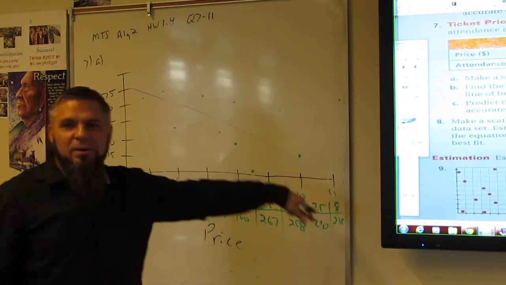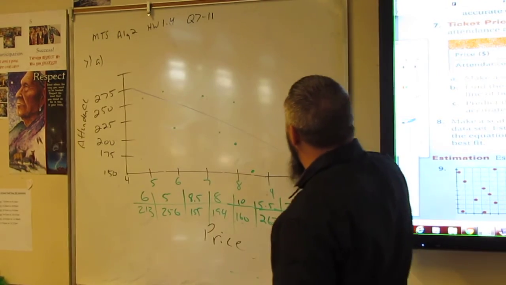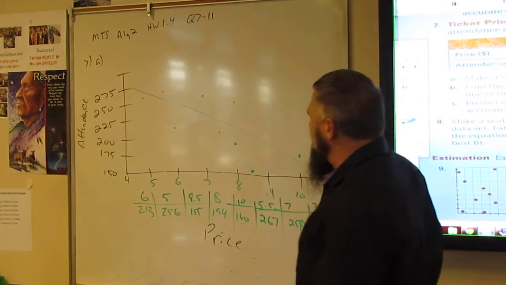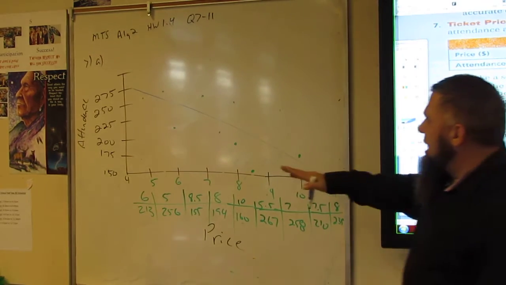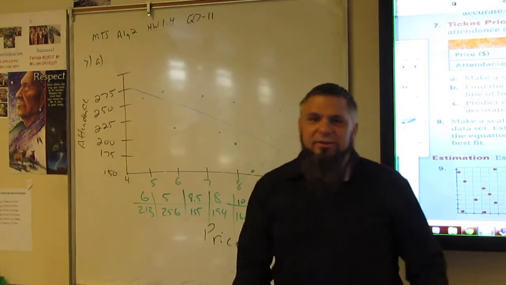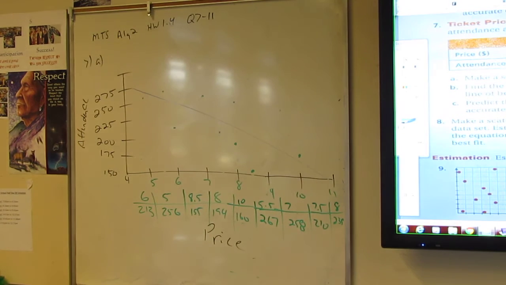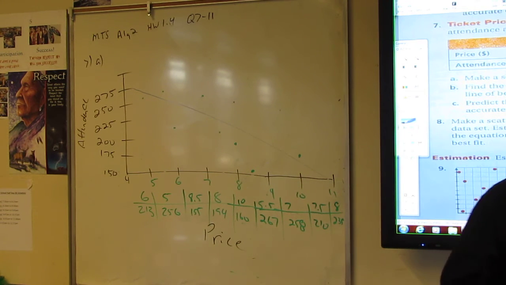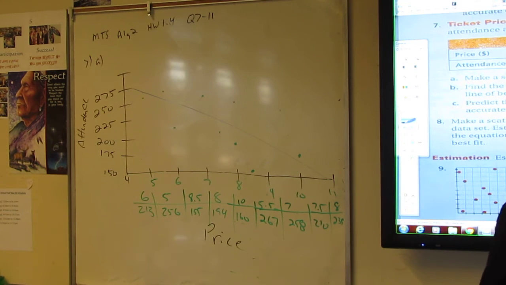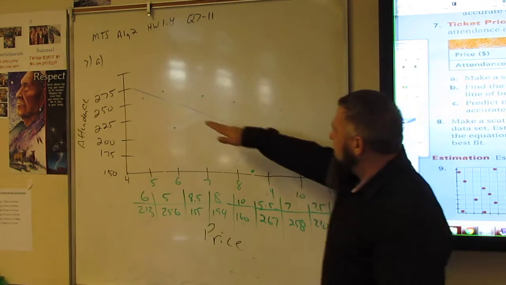If I put half the points above, half the points below, then my line is kind of like, and it could be anywhere in there. Line of best fit, when you're not using an equation to figure out the line of best fit, you can plug this in and your calculator will tell you exactly the line of best fit. But I'm just trying to get you to think without a calculator. You got to know what the calculator's doing. And all we're going to do is split these in half.